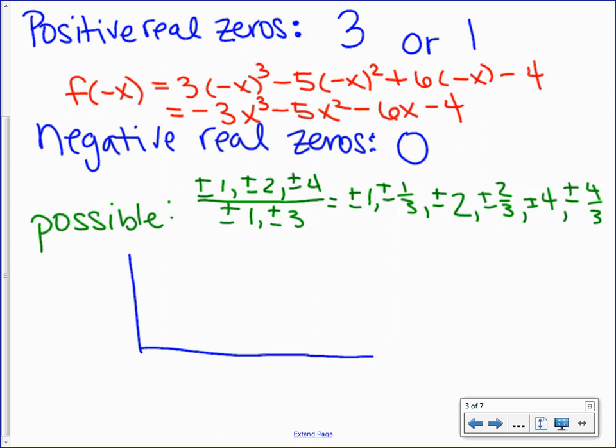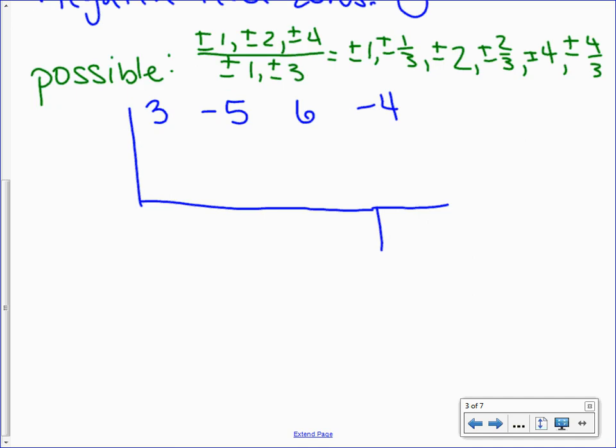All right. So we had 3x cubed minus 5x squared plus 6x minus 4, right? What would you like to try first from that list of positive? I don't believe you. So we'll try 1. So we get 3, 3 times 1, we get negative 2, which gives us 4.